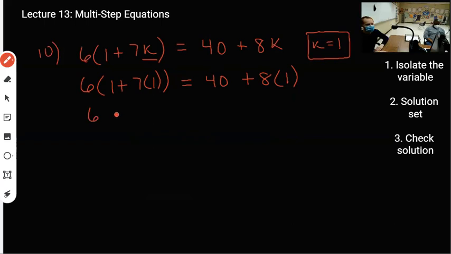Then I simplify on the left side. I get 6 times (1 plus 7 times 1). 7 times 1 is going to give me 7. On the right side, I have 8 times 1. That gives me 8. 1 plus 7 is going to give me 8 as well.